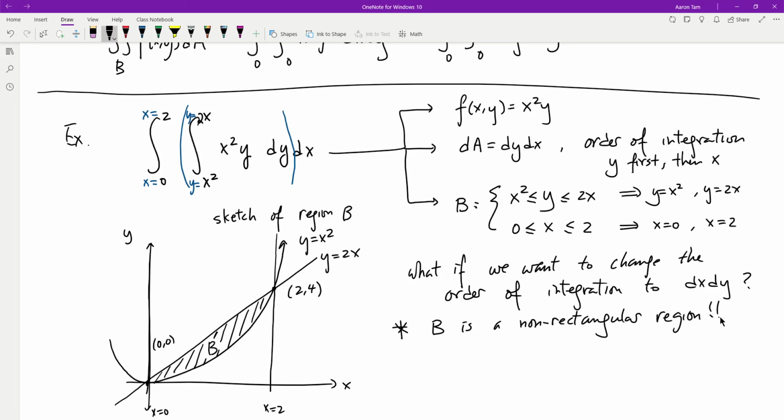Therefore, it's not like the rectangular region where you can simply rearrange the limits and the differentials and allow us to rewrite the order of integration.